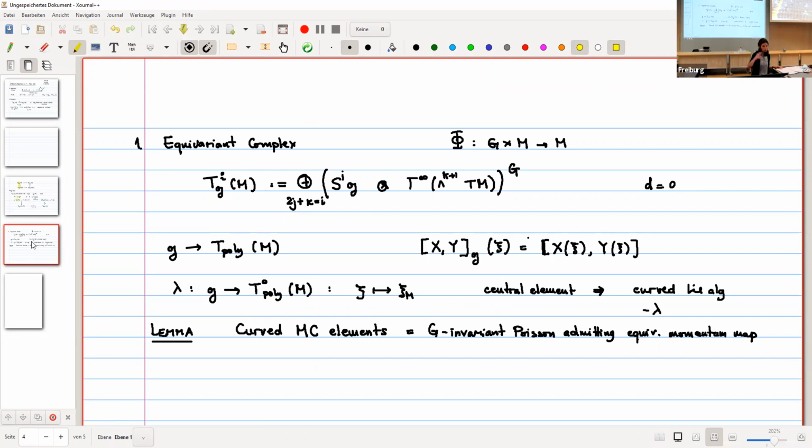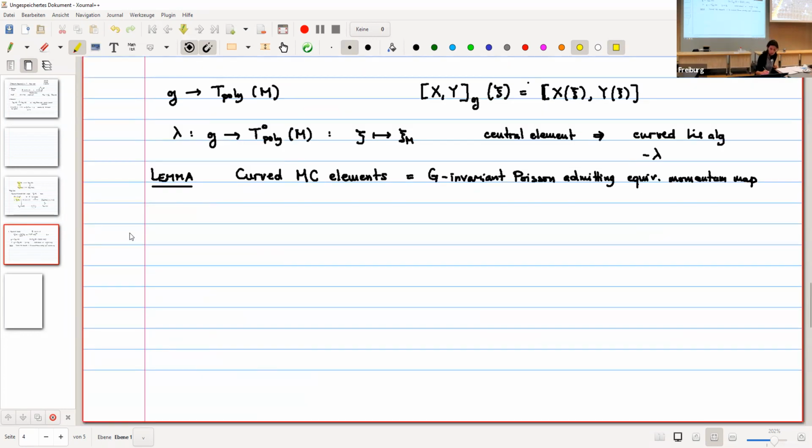Now we can go to the vertical arrow. I can explain what I mean by this Taylor expansion. So, second step.